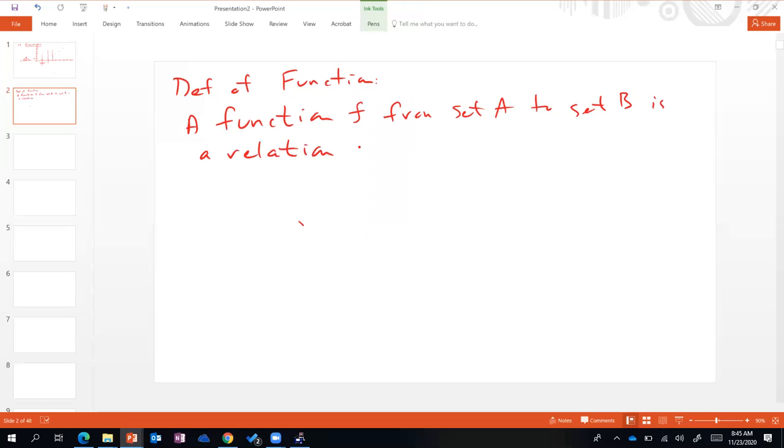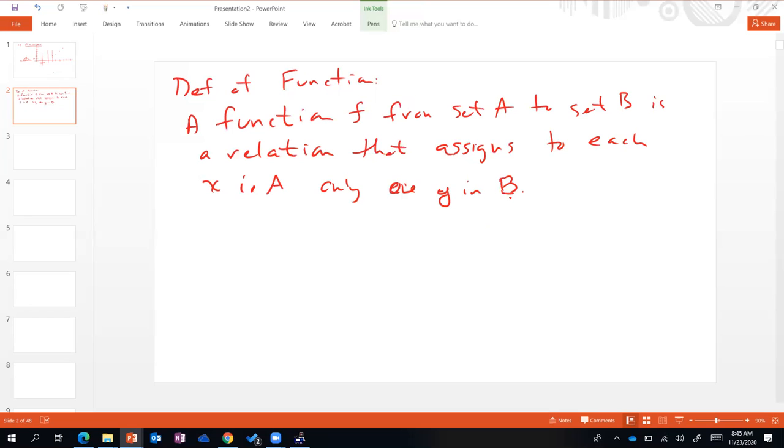Is a relation that assigns to each x in A only one y in B. And so that's the little definition of function right here.